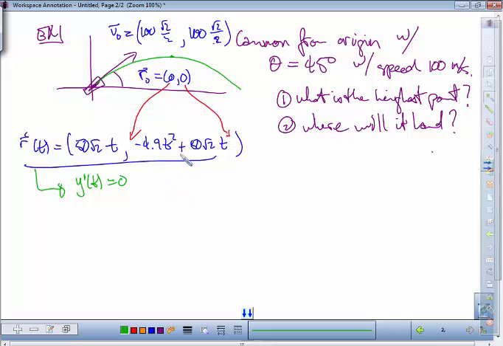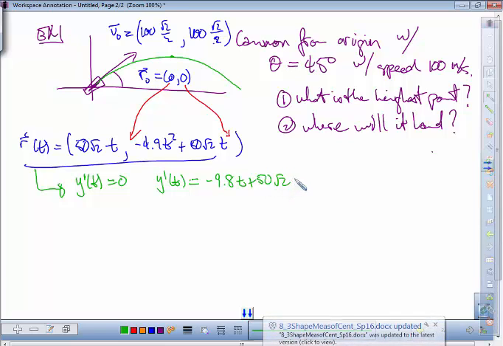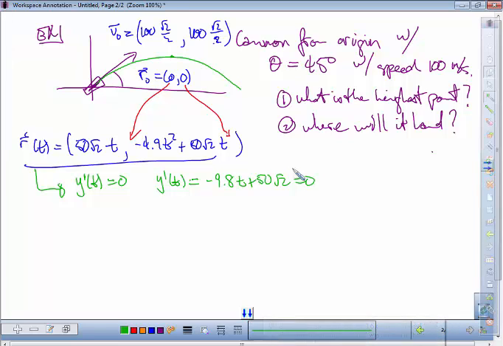So we need to take the derivative of this. y prime of t is equal to negative 9.8 t plus 50 root 2. And this is a nice linear function, which means we can easily solve for it by just isolating the t when you set it equal to 0.